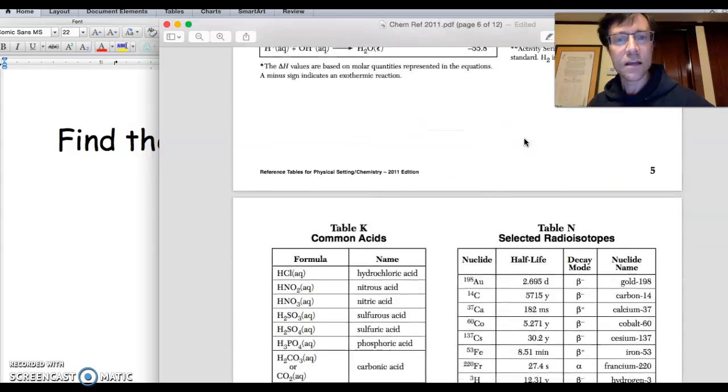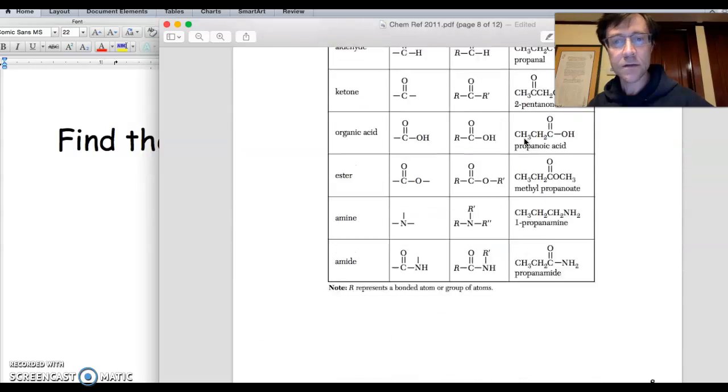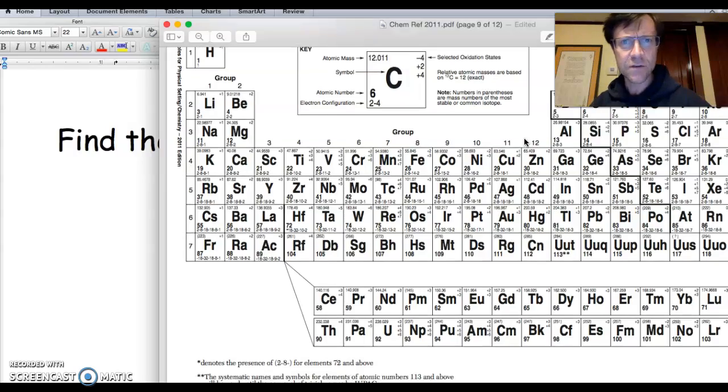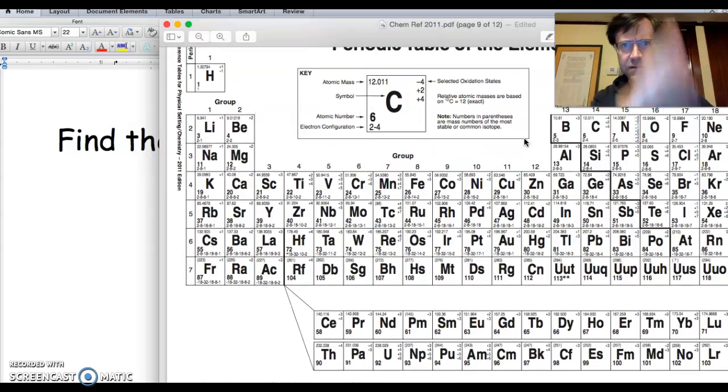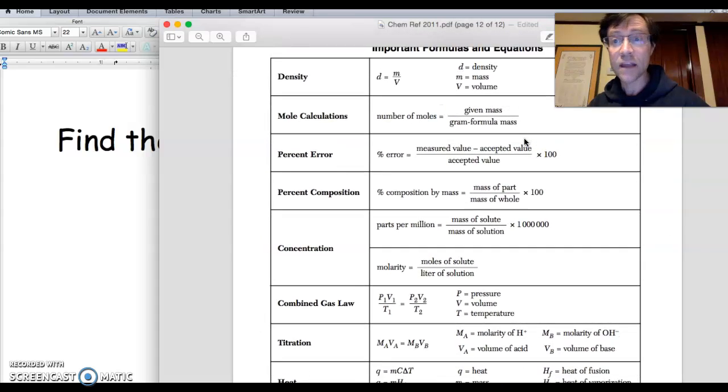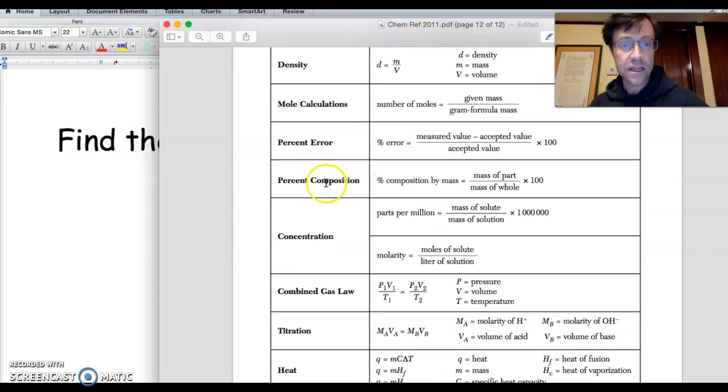Okay, this is sideways, so I just rotated the view. We all love table S, and there it is. There's the back of your reference table, and right here is where all your concentration stuff is: parts per million, molarity, and percent composition has its own thing. So it's like part of a whole, whether it's grams or volumes or whatever. Got it? Good? All right, let's go back.